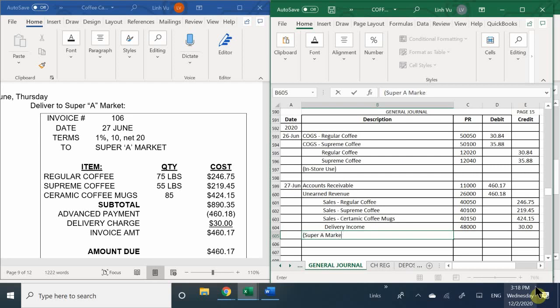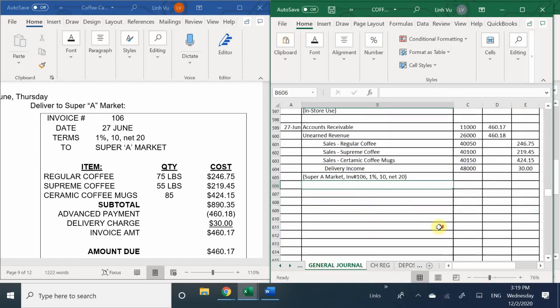And this is invoice number 106. Okay, their terms. Yep, you can put their terms. And that is all I need right now in the note.